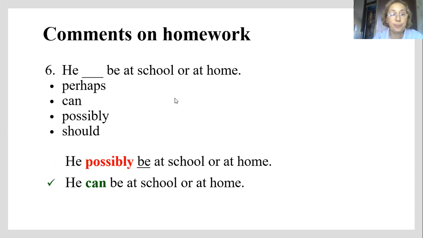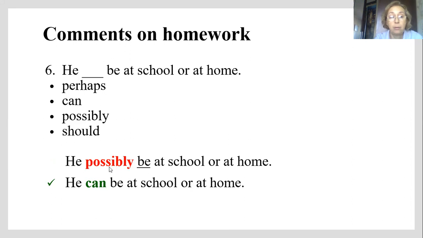Well, and number 6, he be at school or at home. Also possibility. Can, some students offered. Some students also just wanted to use possibly, but if we use possibly, we should change the form of the verb to be.